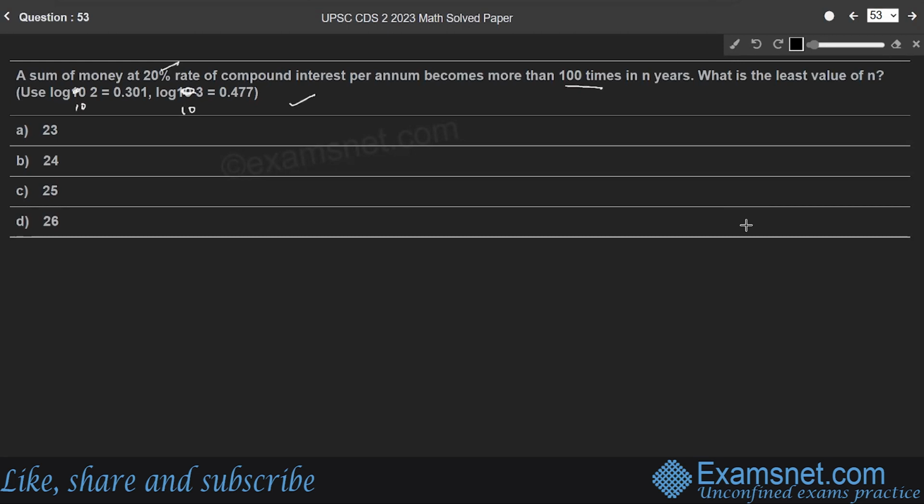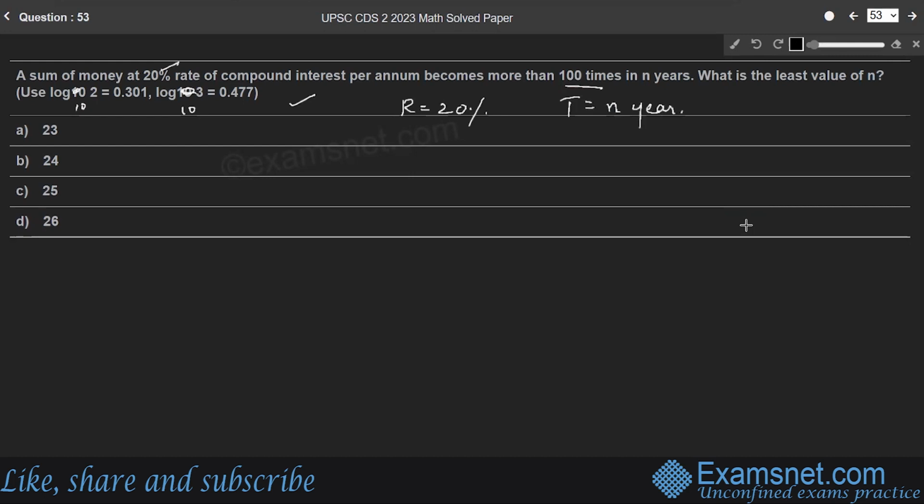How to use that? We'll take the given data: a sum of money at 20% rate of compound interest. So the rate of interest R is 20%. The principal becomes more than 100 times in n years. Here the time period is n years.